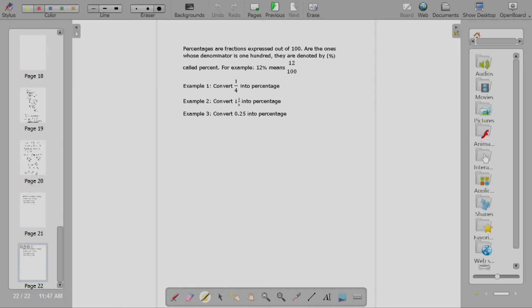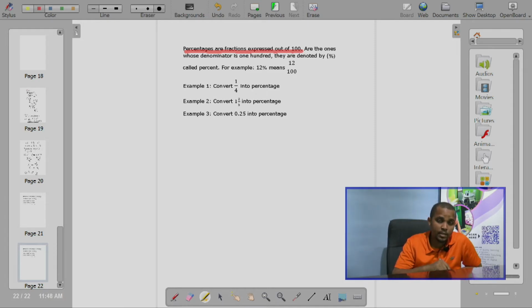So now let's move to percentage. What is percentage? Percentages are fractions expressed out of 100, or we can define them as the fractions whose denominator is equal to 100.